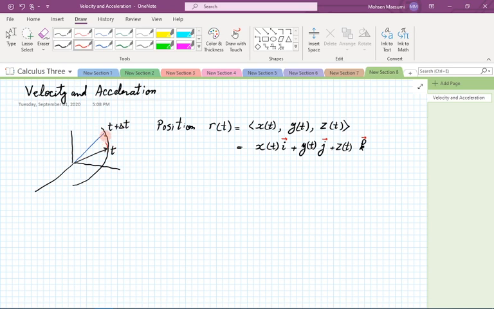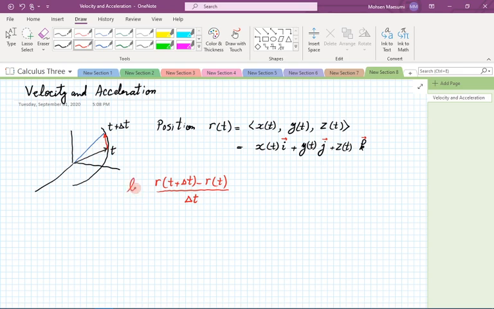Displacement is you have gone from this location to that location, and the way you write that is r of the final position, t plus delta t, minus r of the starting position. Whatever that is, this difference is the displacement, and if you divide it by delta t, that's going to be the average velocity from here to here.